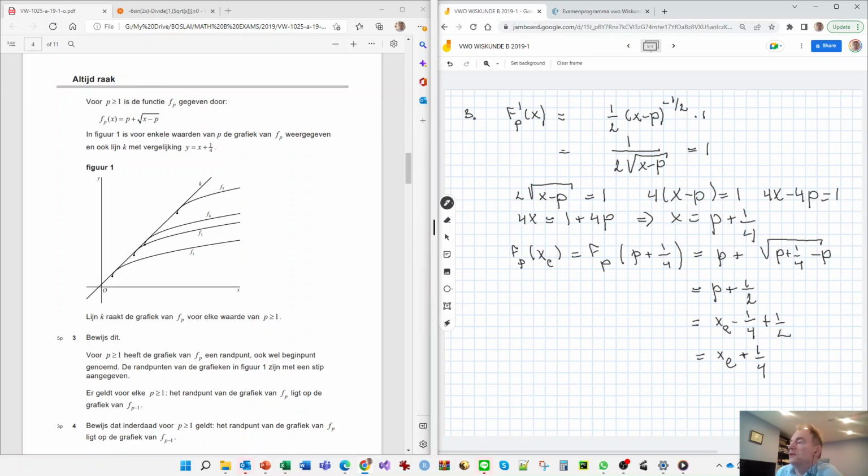So then you can see that yeah, the y values of these points with slope 1 are indeed on this line and independent of p.